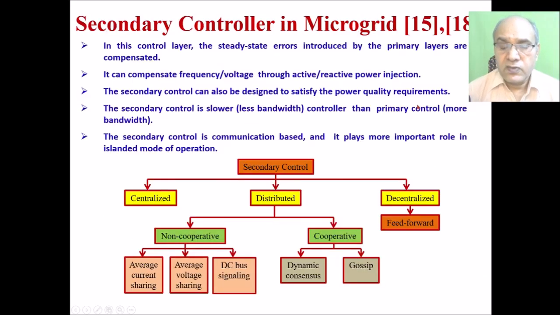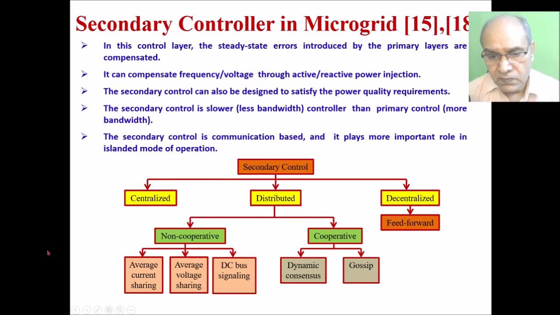And this is a further description: mostly the secondary control gets more emphasis for a power system engineer. Of course, primary is also important, but in secondary we integrate both sides, the tertiary side and the primary side. They may have different natures, maybe centralized, distributed or decentralized.